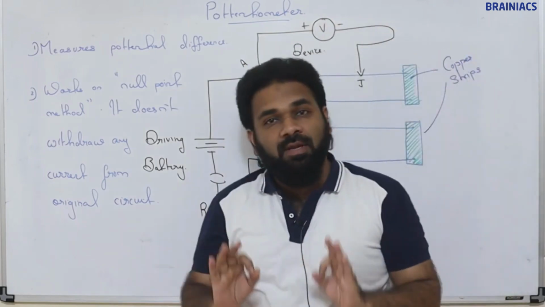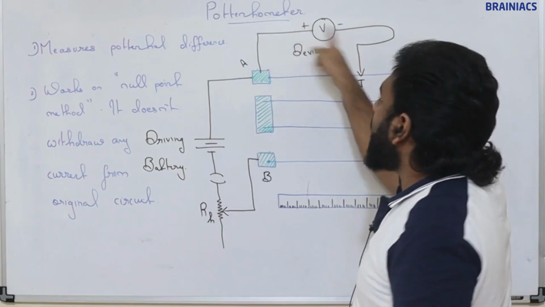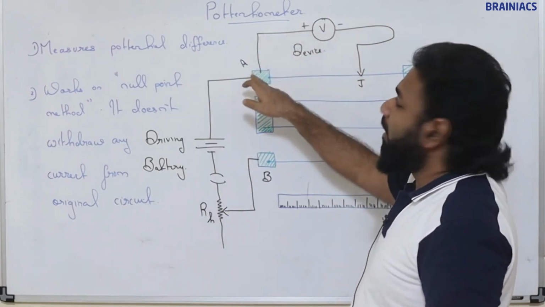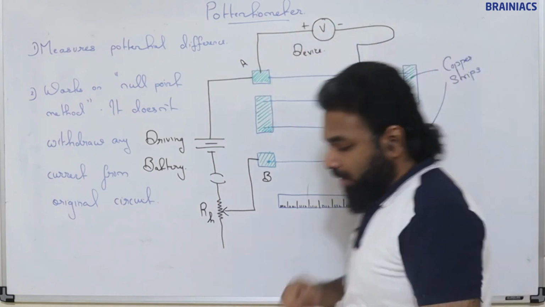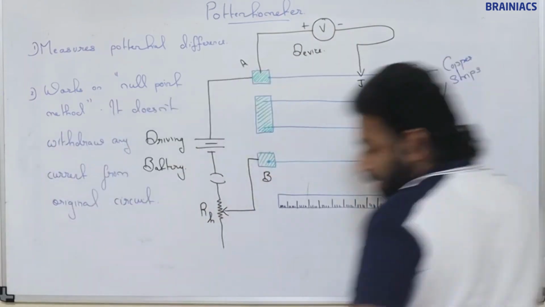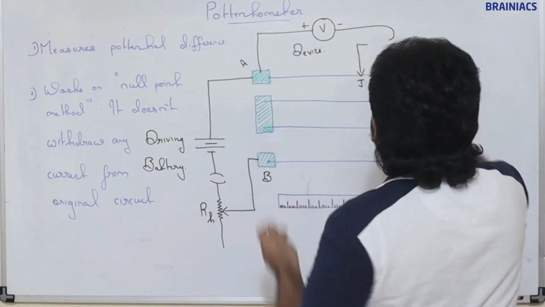Please understand it very clearly. The voltage of this device we are going to measure. One end will be connected to A, and the other end will be connected to a jockey. Here I need to add one more thing. This will have a galvanometer also.